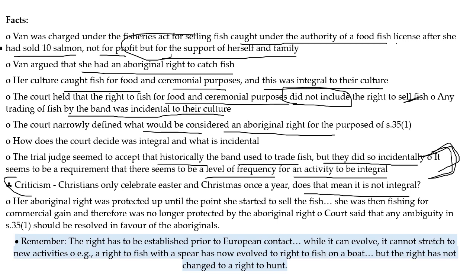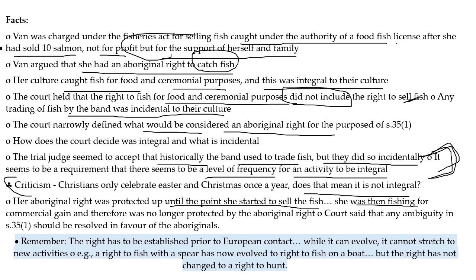Her aboriginal right was protected up until the point she started to sell the fish. If she only caught fish and did not sell, just ate it herself or with her family, then there was no question related to aboriginal right. But if she was selling the fish, even for family, that includes business profit, so that is not protected.